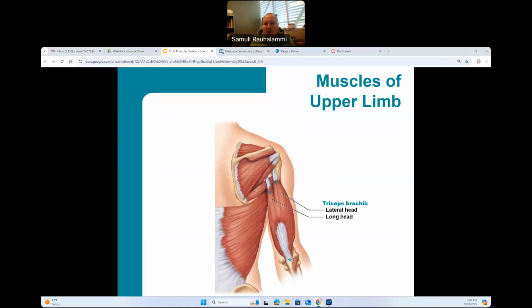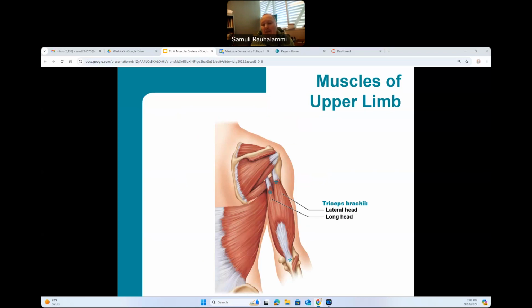And let's start with the most obvious one. So I want to start with the triceps brachii muscle on the posterior side. So this is the back side that we're seeing here. And we're really seeing that it has two heads. So we have a lateral and long head. And thinking about the bony structures that we're familiar with when we're trying to figure out where the triceps brachii muscle attaches, the long head attaches below the glenoid cavity of the scapula, whereas the lateral head attaches at the posterior shaft of the humerus.